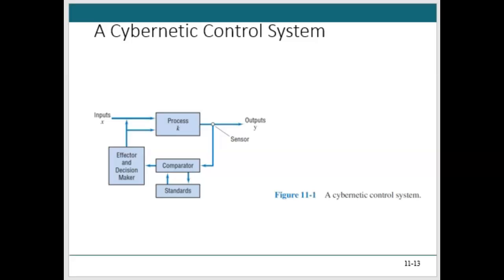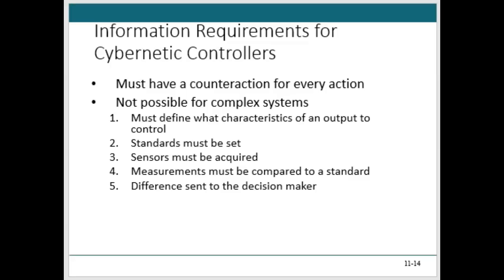Now, cybernetic control systems act to reduce the deviations from a standard, and that's called your negative feedback loop. So there are information requirements that go with it, right? We must have a counteraction for every action, and it says it's not possible for complex systems.